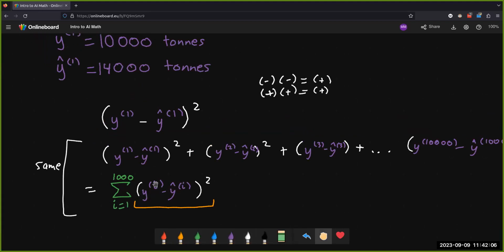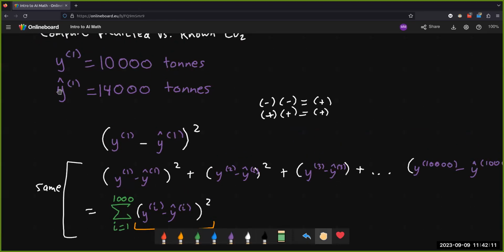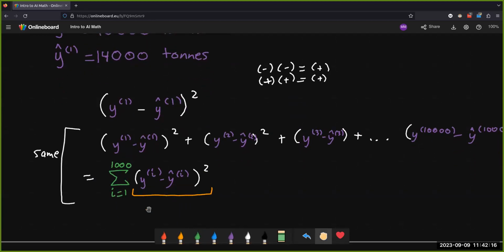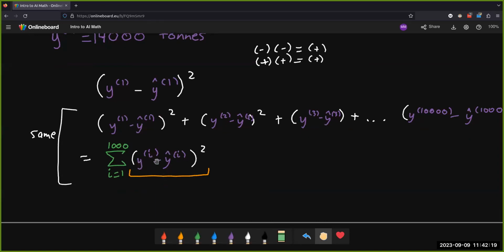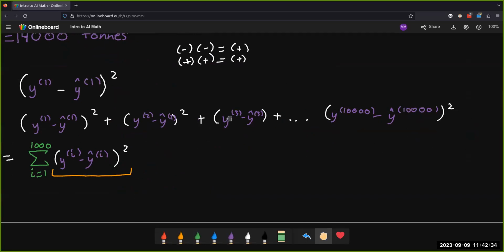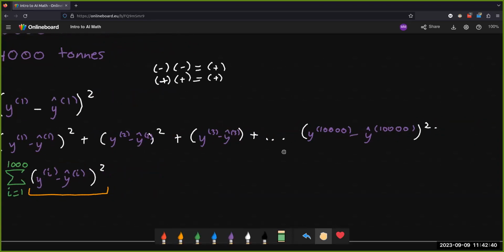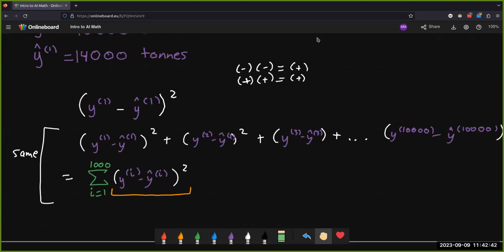So then you have y at 1 minus y hat at 1. Well, we can see that y at 1 is 10,000, y hat at 1 is 14,000. So then 10,000 minus 14,000 gives you negative 4,000. You square that, you get 16 with a bunch of zeros, and then you move on to the next one. So then you move on to i equal to 2 and i equal to 3. Figure out what all of these values are, and then add them together. This is called summation notation, just a shortcut so that we don't have to write out this very big, long, ugly sum.